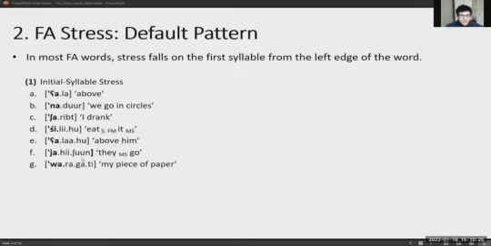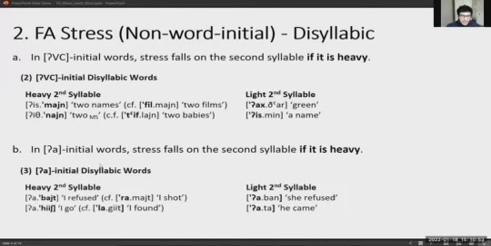So the words are stressed as ala, nadur, sharabt, silihu, alahu, yahishun, and waragati, with all stress on the first syllable. But this initial stress, which I call the default stress in the dialect, does not apply in specific cases, and these cases are what I focus on in this presentation. So I start with disyllabic words, then trisyllabic words, until I get to words with 5 or more syllables.